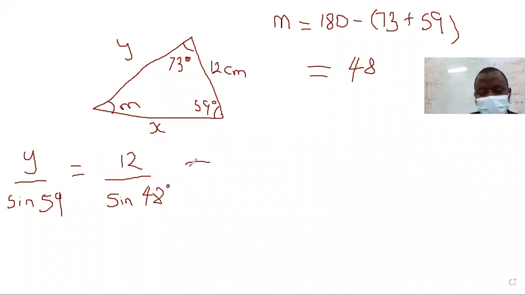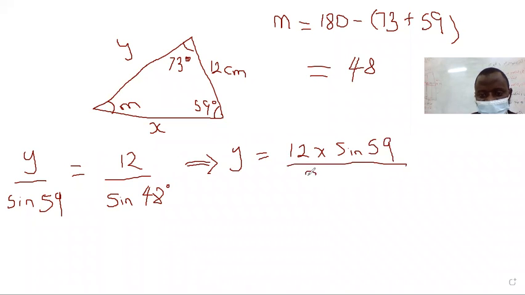Now I'm sure you can solve it from here. My Y will be equal to 12 multiply sine of 59 divided by sine of 48.